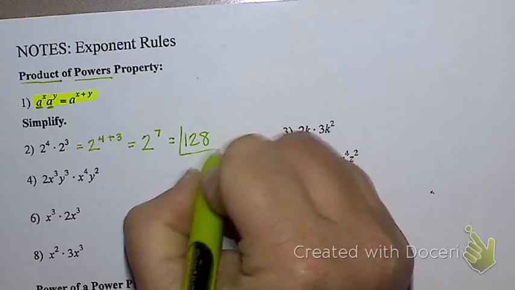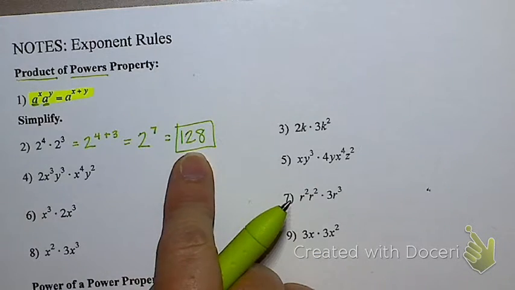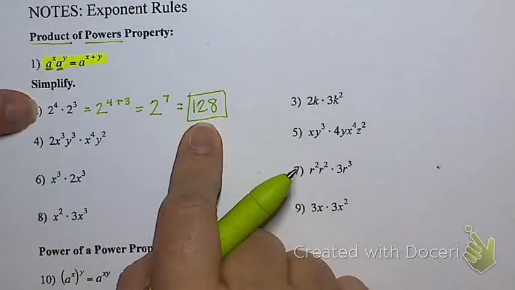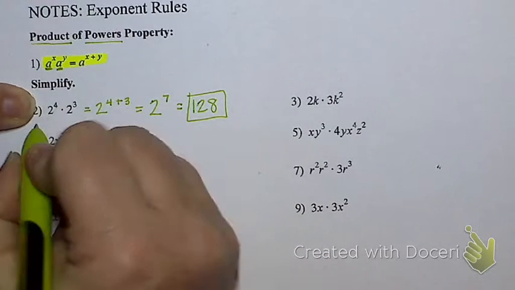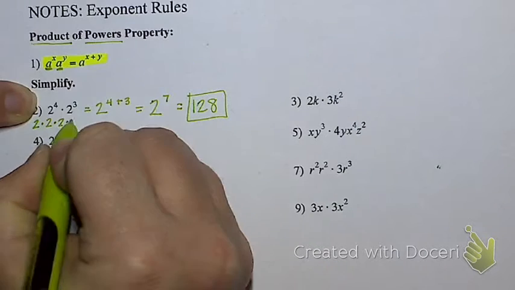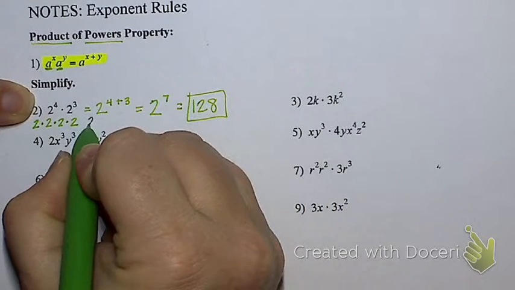If you can calculate the number, then calculate the number for me. Now, why does this rule work? Well, let's think about what's really going on here. 2 to the 4th, we could write as that, correct? And 2 to the 3rd is this.